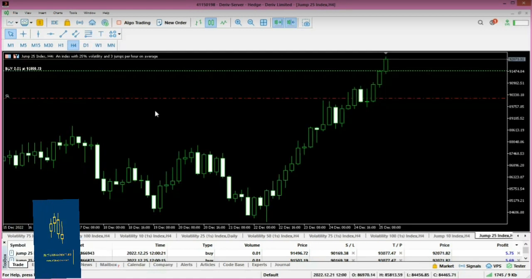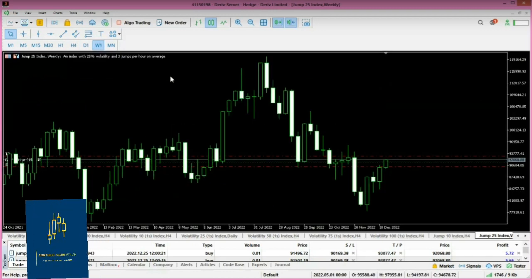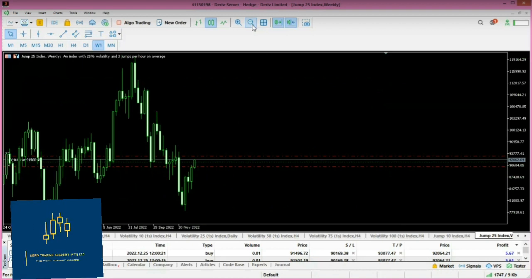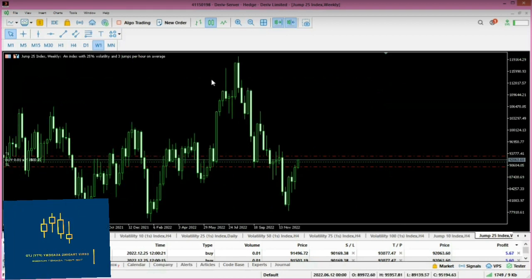So here is our Jump 25. What we are looking at now is Jump 25 on a weekly time frame.